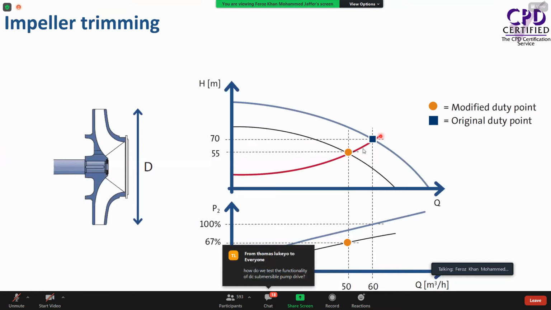But in this third method, when we trim the impeller, the performance curve of the pump will shift below, as you can see here. This is the original pump performance. When we trim the impeller, this will be the new performance. So we are reducing the performance of the overall pump itself.